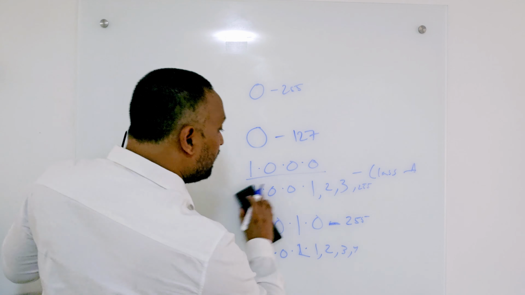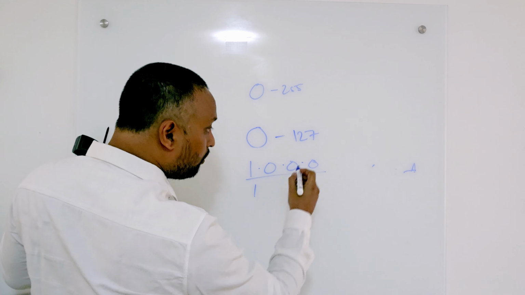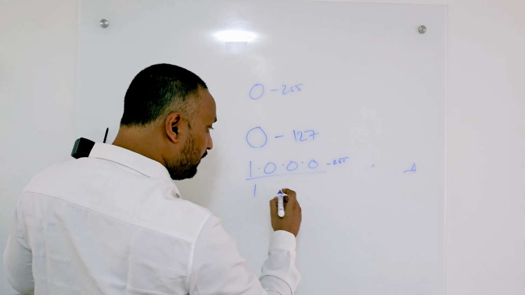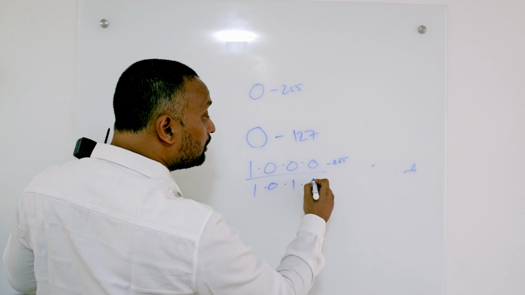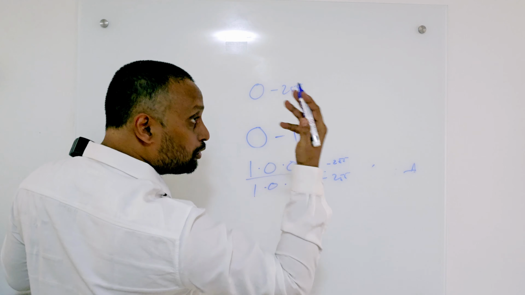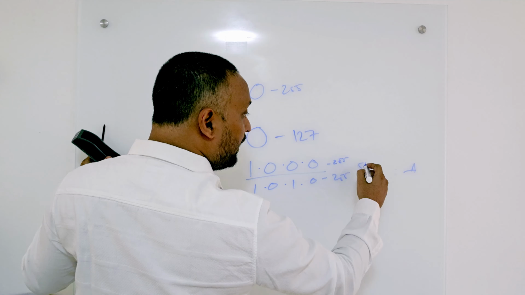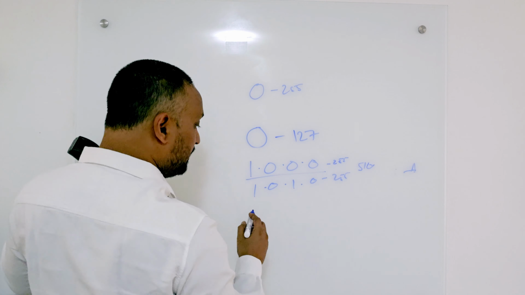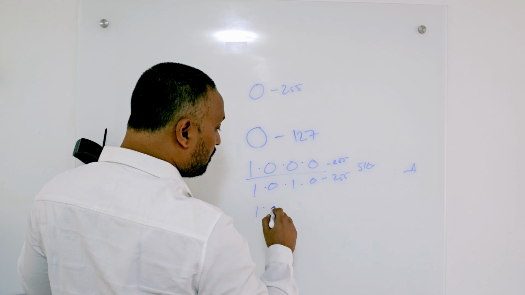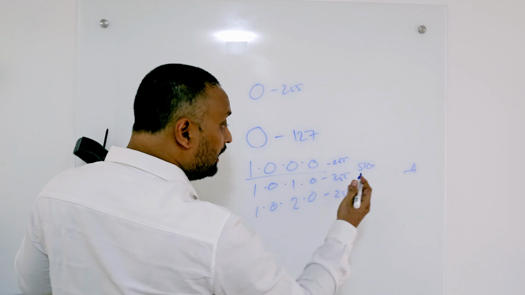So what I have done is 1.0.0.0 till 255 I have finished, and then 1.0.1.0 till 255, almost 510 machines I have already completed, and then I am giving 1.0.2.0 and then till 255.